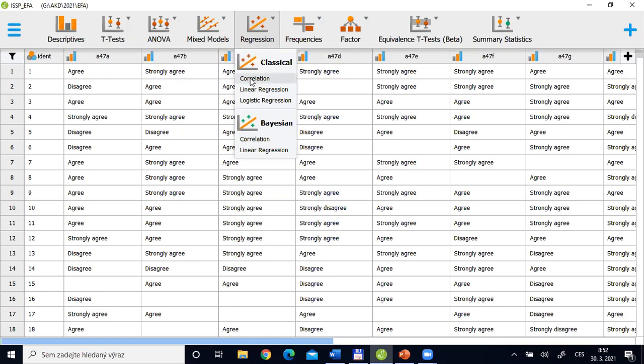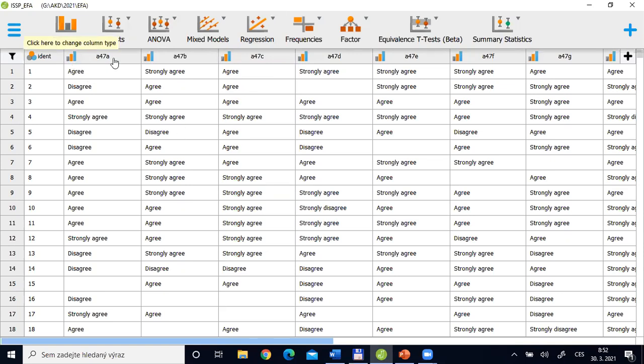But before we start, there is one technical piece of information that must be added. If we would like to perform factor analysis in JASP, currently at least for this version, which is 14.1, it is necessary to define all variables that we will use for computation as scale or cardinal variables.